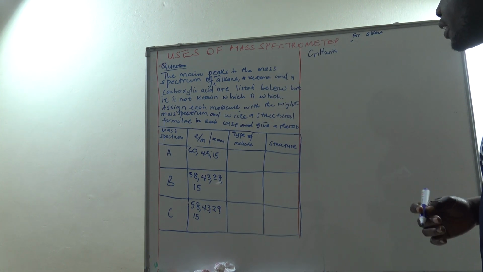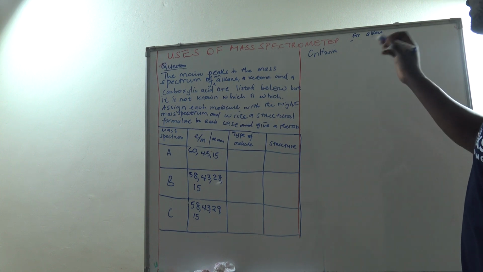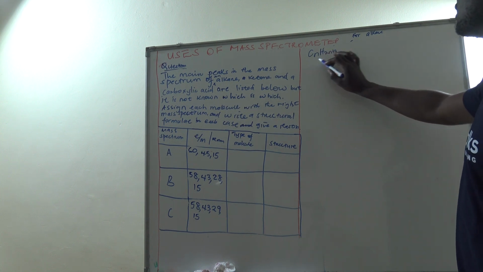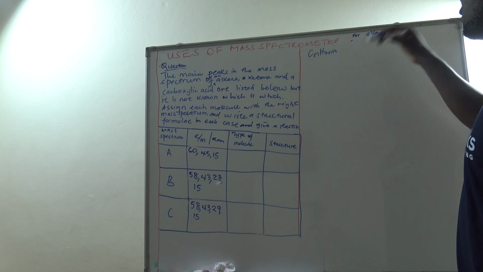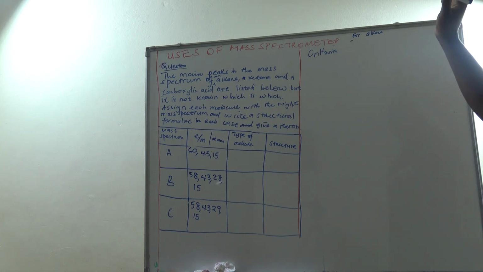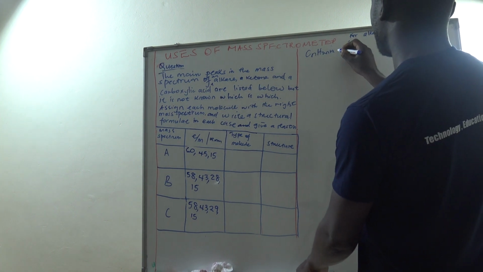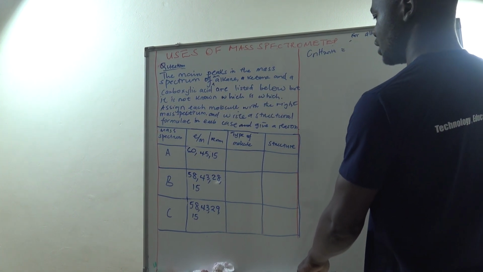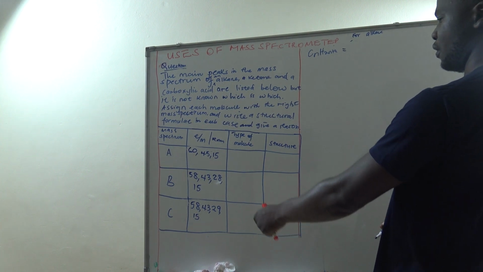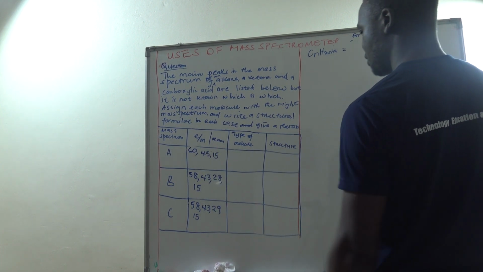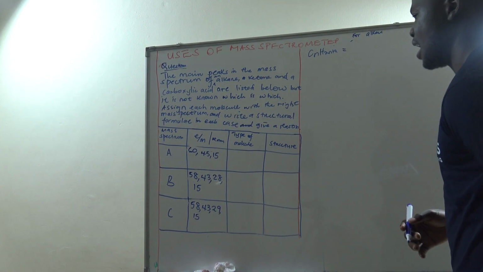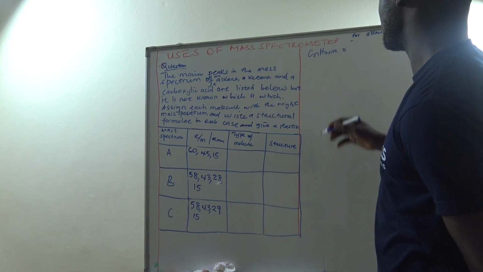Now, if this is the general formula for an alkene, let me try equating it to one of these. Which one gives me n as a whole number?